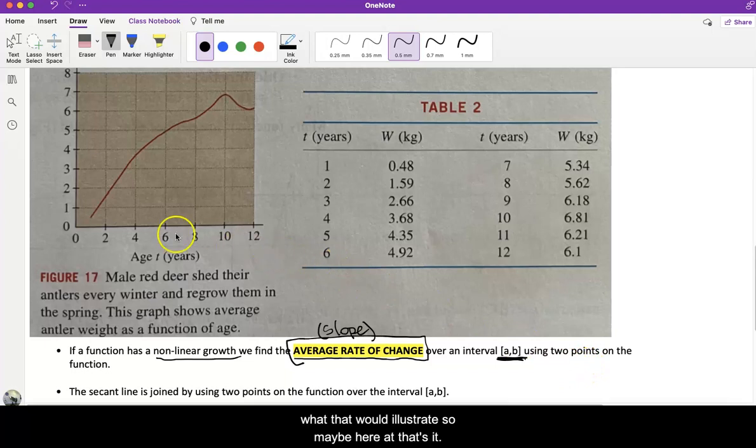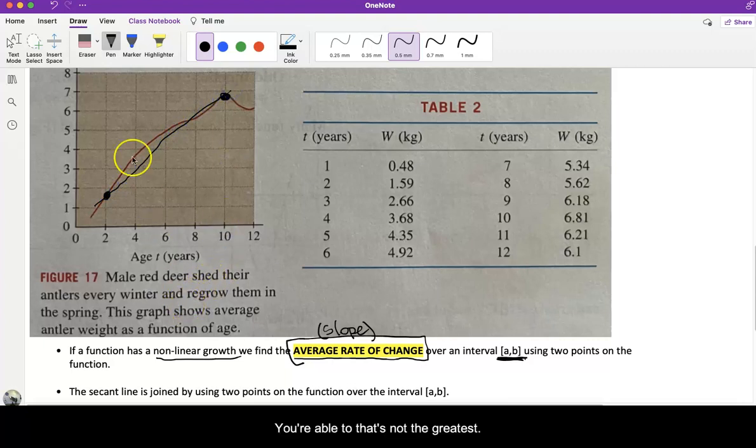And so what that would illustrate, so maybe here at, let's say at this point here, to, they say this point here, you're able to create a line, right, that intersects the curve at 2 distinctive points.